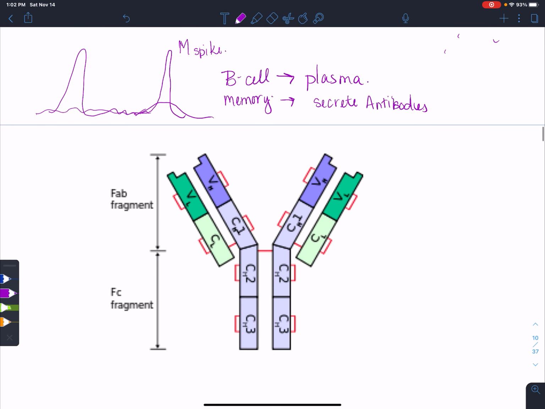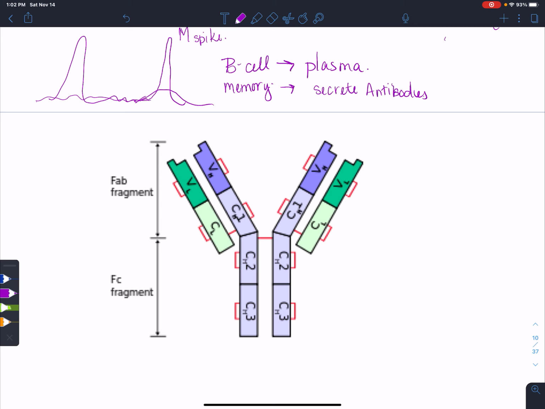Okay? And here is just, you might see this term, as opposed to the constant region and the variable region. So your FAB, this is fragment antigen binding, okay, because this is the part that binds the antigen, but that's also the variable or antigen binding.